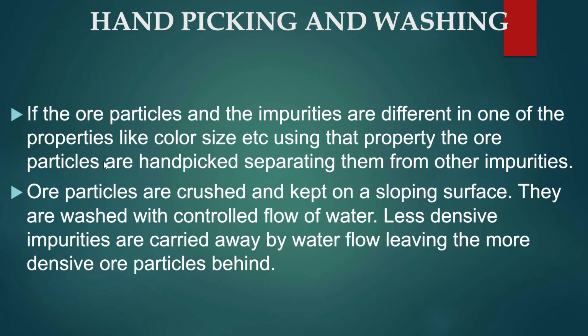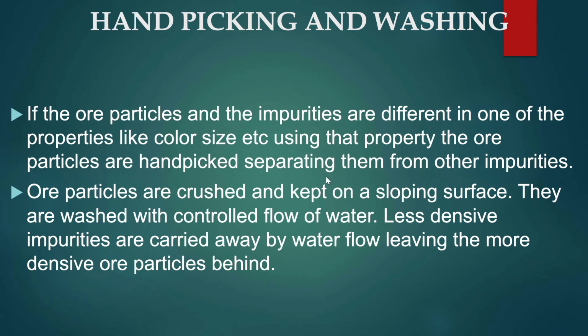If the ore particles and the impurities are different in one of the properties like color, size, or shape, using that property, the ore particles are hand picked, separating them from other impurities. Sometimes you would have seen your mother separating the paddy grains from the rice before she cooks the food.